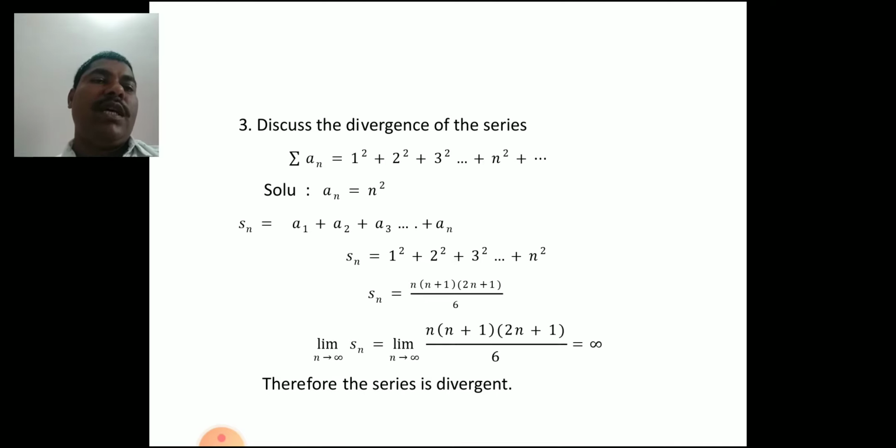Applying the limit, we get the limiting value is infinity. So that means the sequence Sn is divergent. Therefore the given series summation an is also divergent.